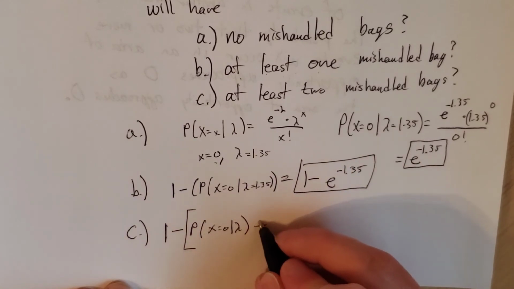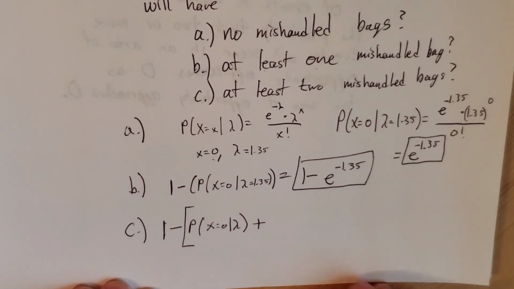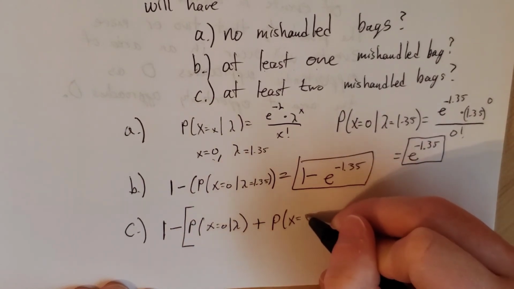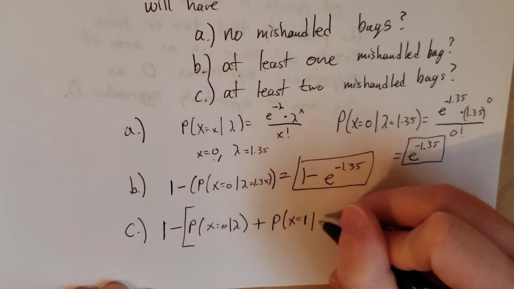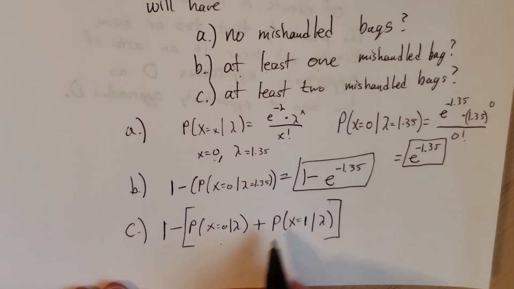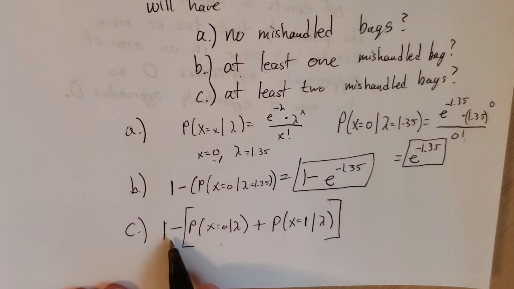We know that already, so I'm not going to rewrite that part. Plus the probability that x is equal to 1, so the number of mishandled bags is 1, given our lambda. So we find these two, add them together, and subtract those from 1. And that will give us the probability of having at least 2 mishandled bags in the next 1,000 passengers.